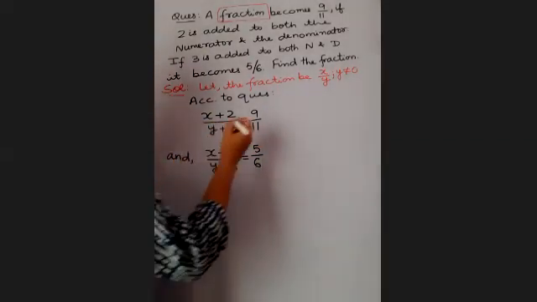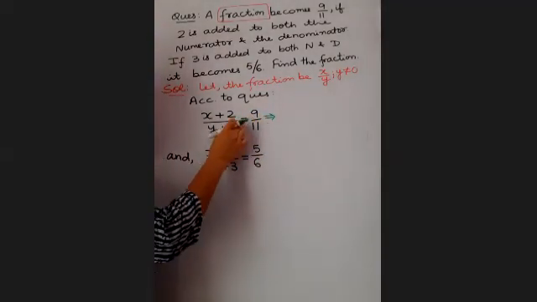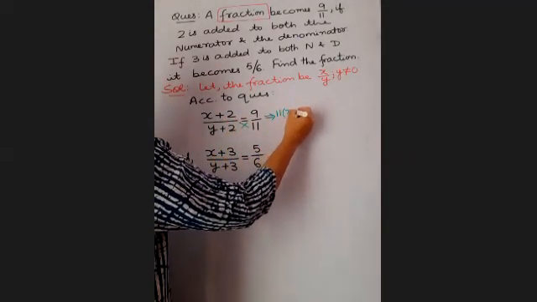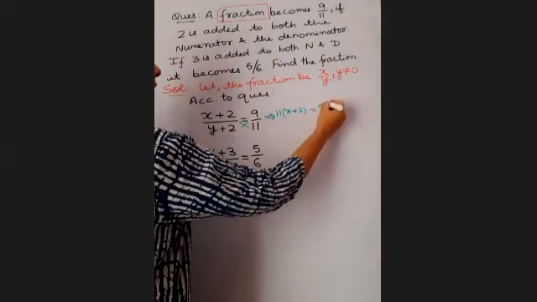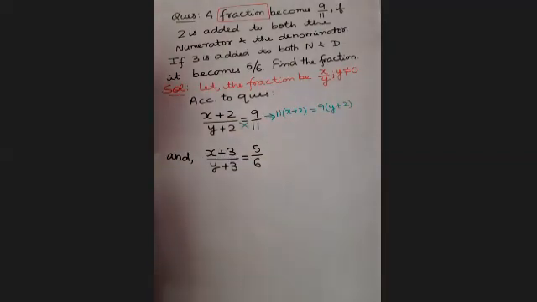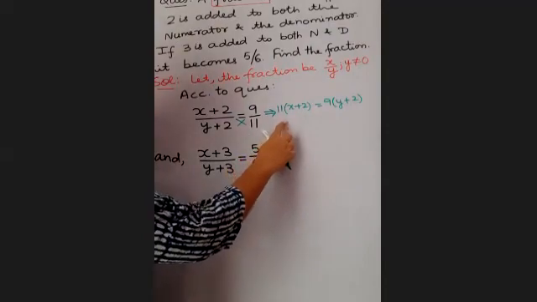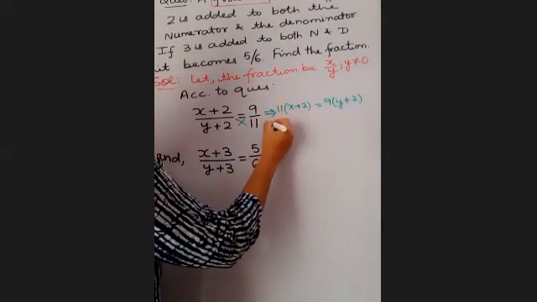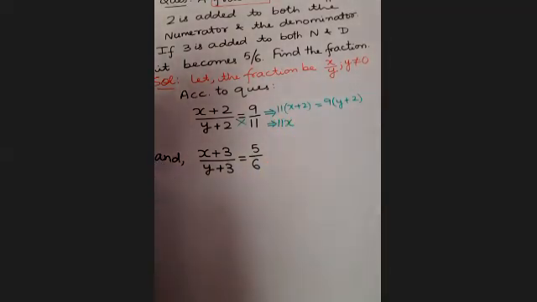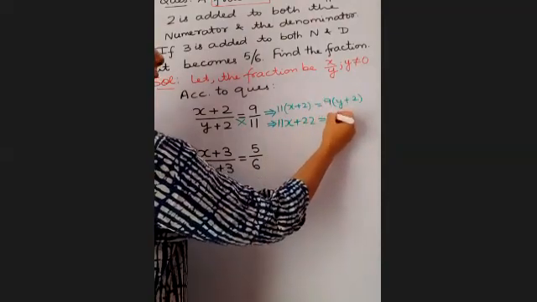What should we do? Let us cross multiply. When we cross multiply, it would mean 11 times x plus 2 is equal to 9 times y plus 2. Let us open the bracket. Now this would further mean 11 into x is 11x. 11 into 2 is 22. 9 into y is 9y.